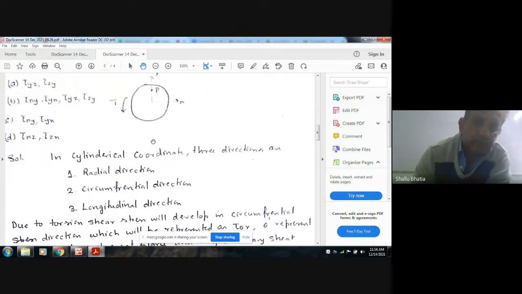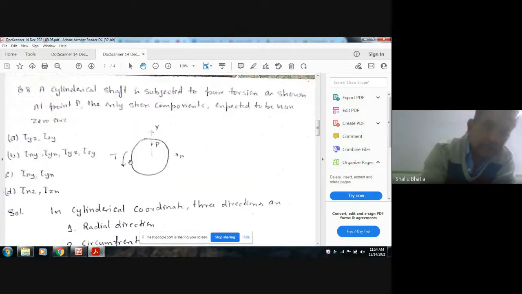So this is the shaft subject to torque. Now this is the y direction, this is the x direction, this is point P.